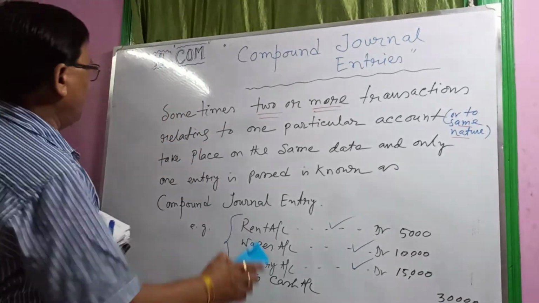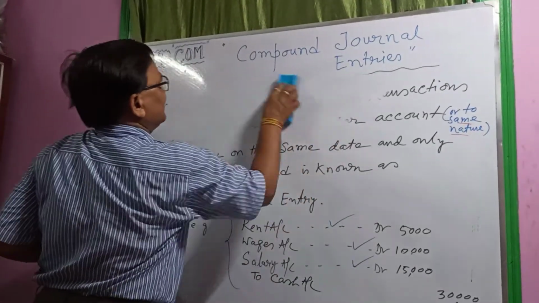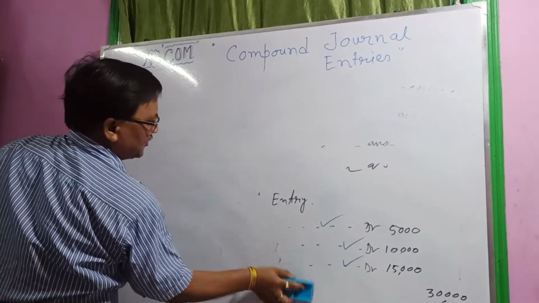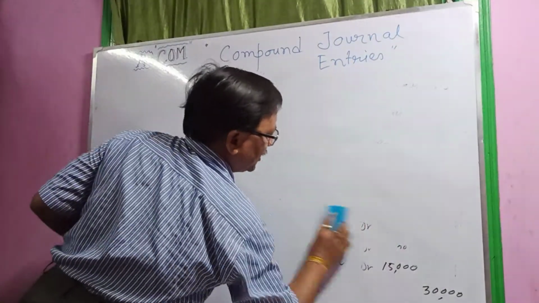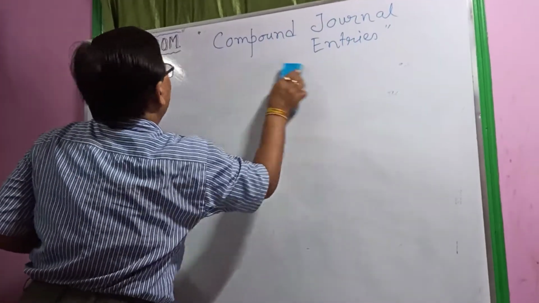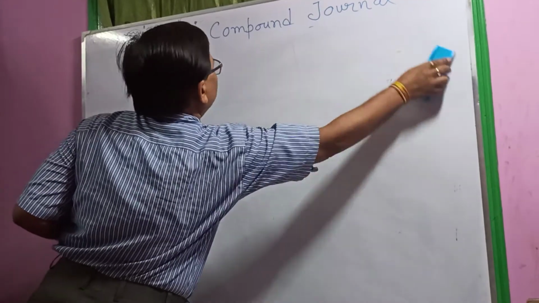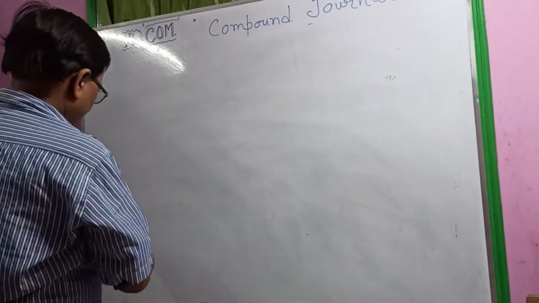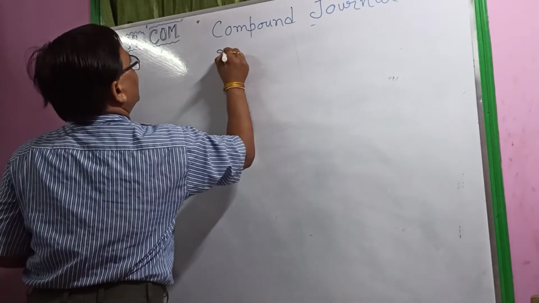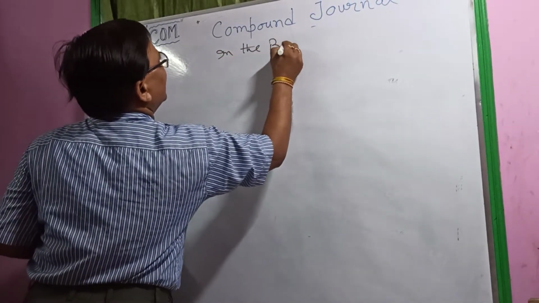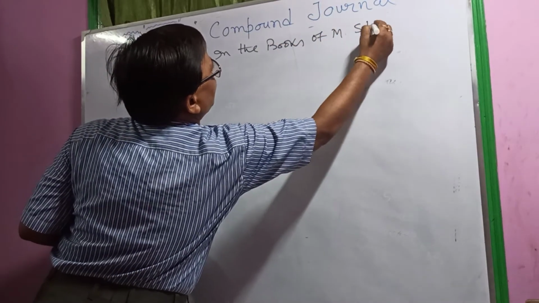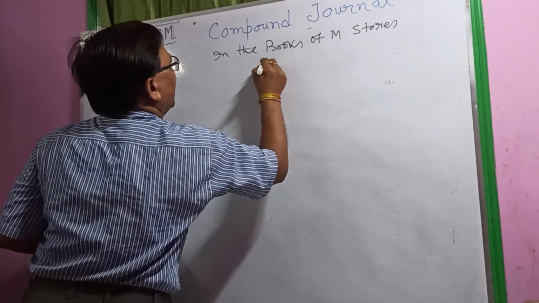In this case you prepare the format for the journal entries. Six transactions are given. What is your duty? You just prepare one format. At the top portion you write: in the books of M Stores, journal.